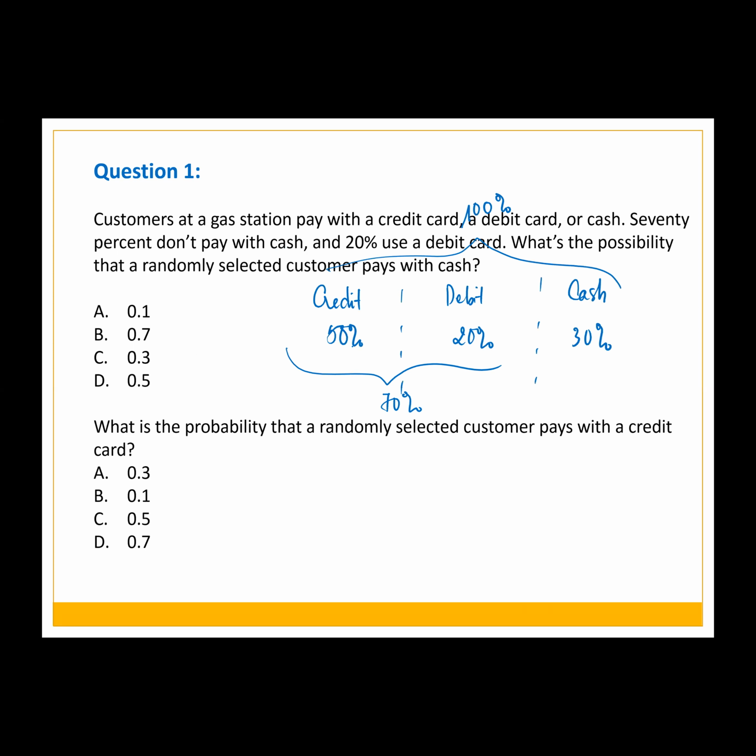Now let's see what the question is asking. What's the probability that a randomly selected customer pays with cash? Now, as I said, this is a very good procedure that you should write down. Whenever you're given something about probability, try to list out all of the possible outcomes and what you already know about that probability, or what the statement already gives.